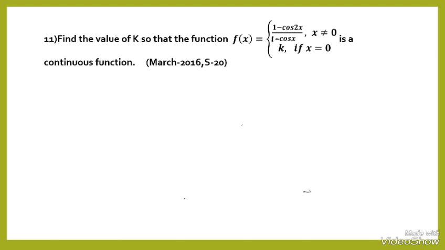Now, f of 0: because x is equal to 0 at the point, f of 0 is k. Now we check the left hand limit. Limit x tends to 0 minus f of x.